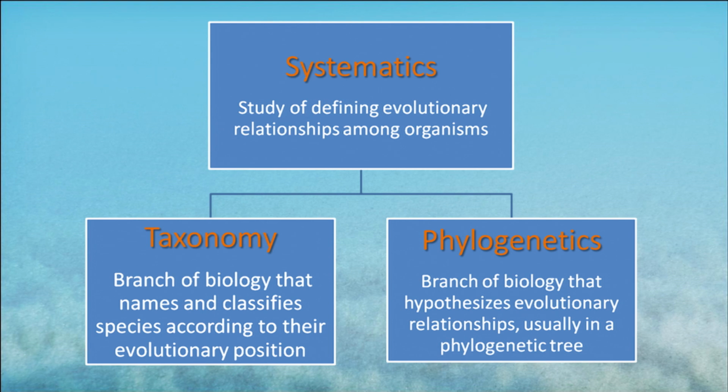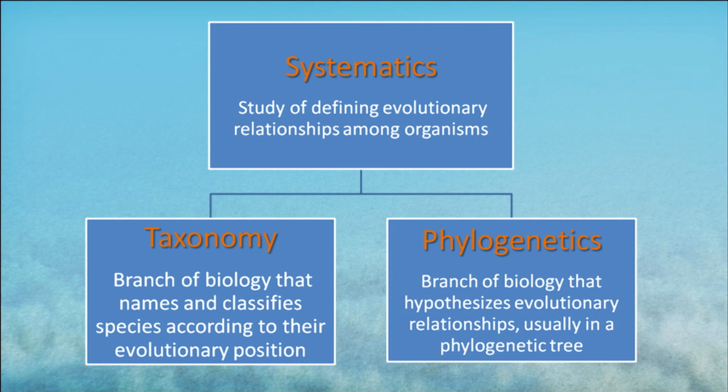Systematics is actually broken up into two subcategories. One is phylogenetics. Phylogenetics is going to be the branch of biology that basically says, okay, how do I think these organisms are related? This is what's known as an evolutionary hypothesis, or the creation of an evolutionary tree.